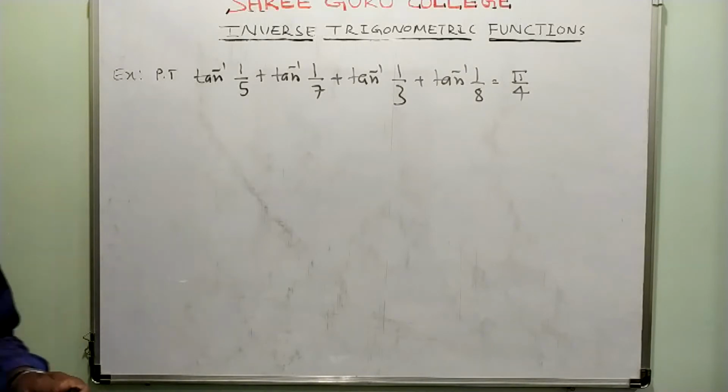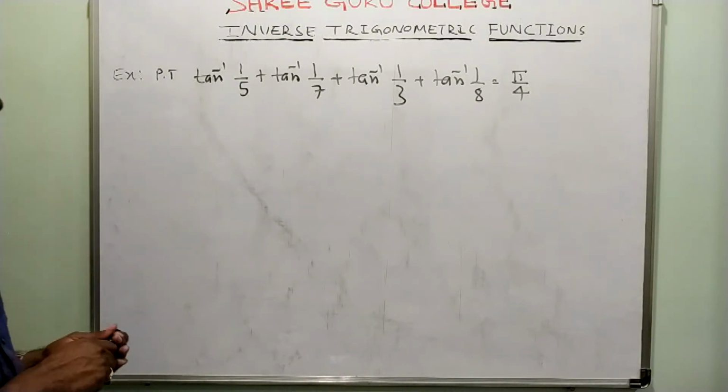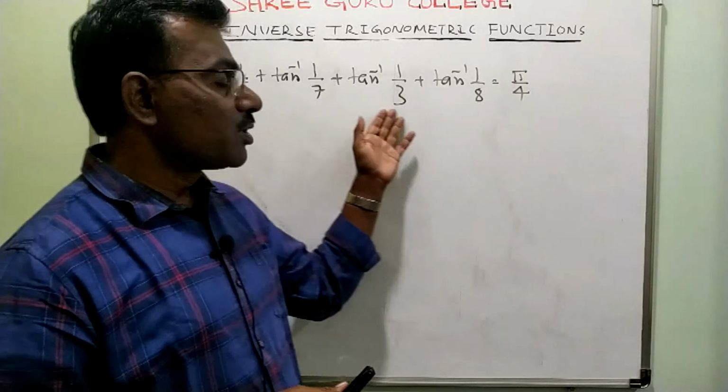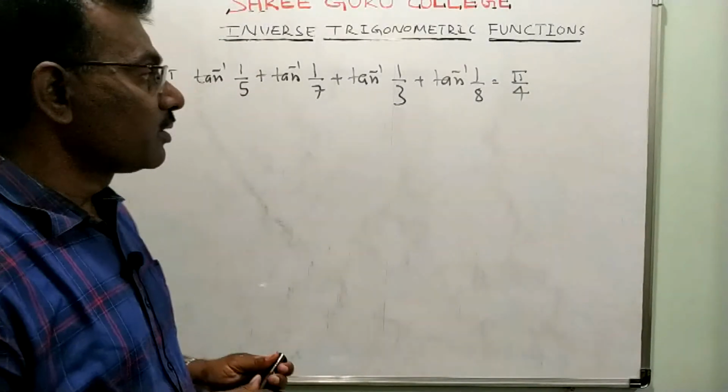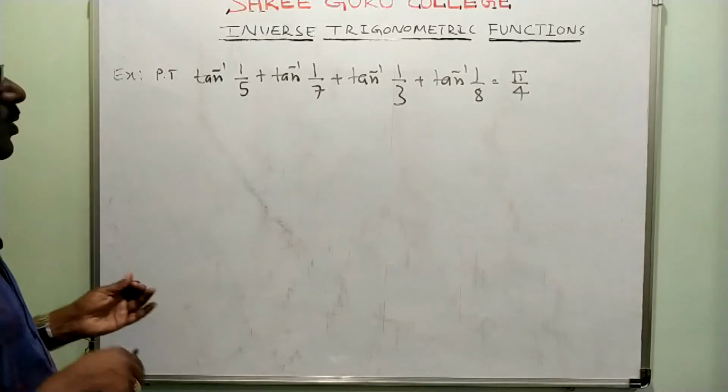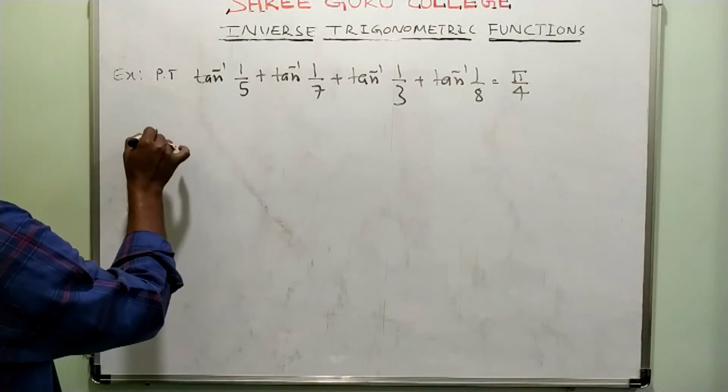How many terms are given? There are 4 terms: 1, 2, 3, 4. Take LHS.